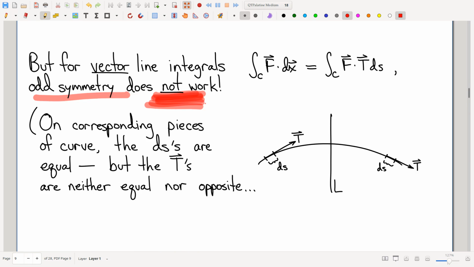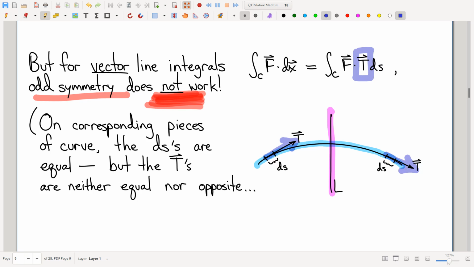And if you want to know why, roughly speaking, what goes wrong is that if you look at your symmetric domain, and again, work with me on my shortcomings of artistic competence, and if you imagine a curve that is symmetric, let's say over a line like that, and if you start thinking about this little piece and that little piece, they contribute to the Riemann sum, and do they cancel or do they not cancel? Well, think about what your tangent vectors look like. Your tangent vectors look like that and this.